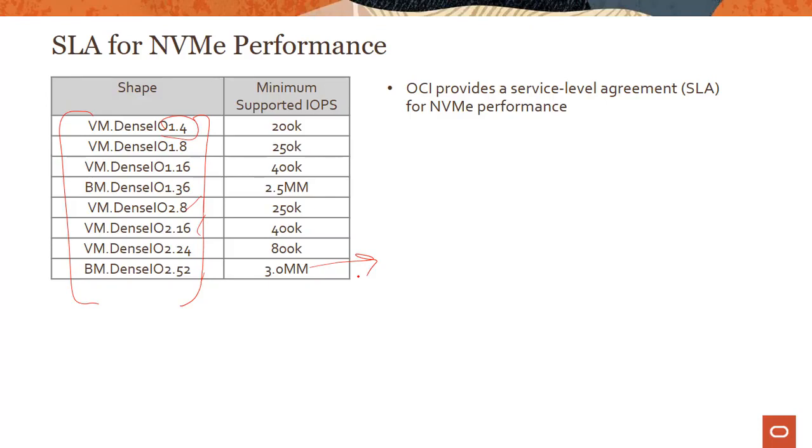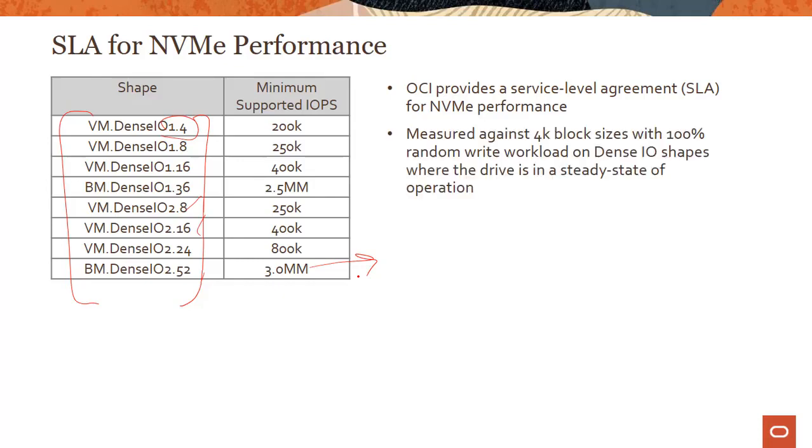So if you go with a bare metal dense IO shape with 52 cores, we support 3 million IOPS. And again, there is some finer print you have to read. These are 4K block sizes, sort of the read-write mix for the workload, etc. Right? But there is an SLA in case you are using local NVMe devices.